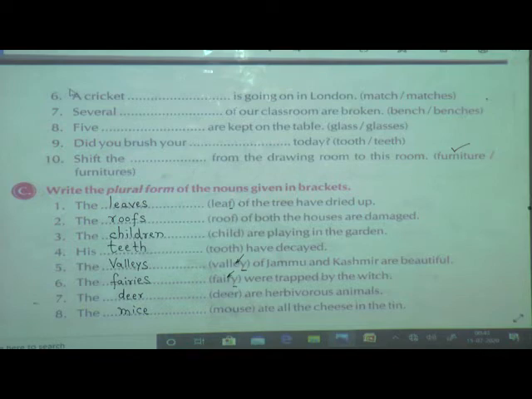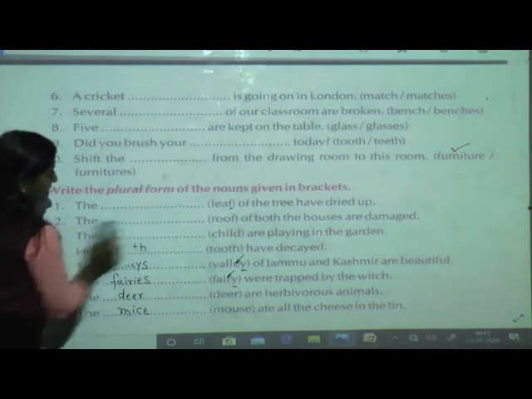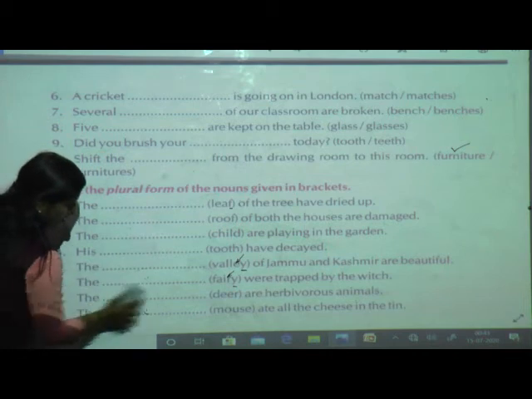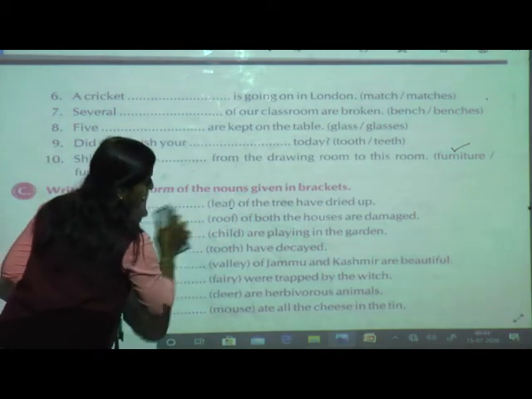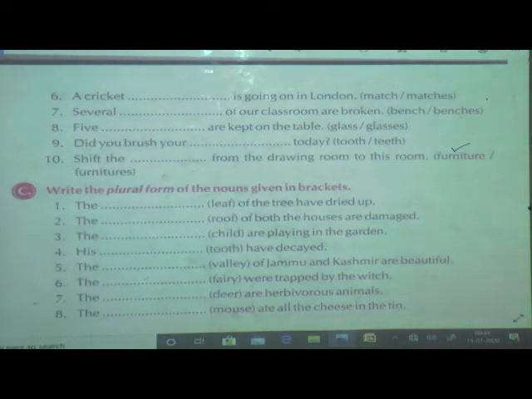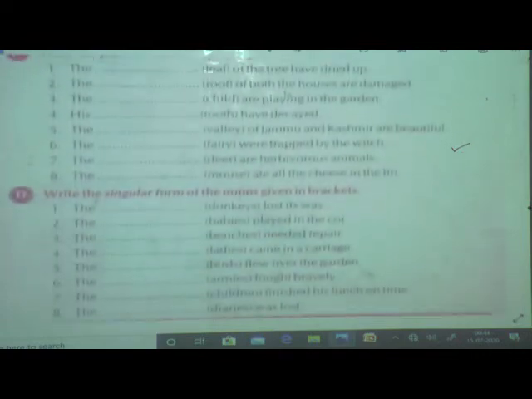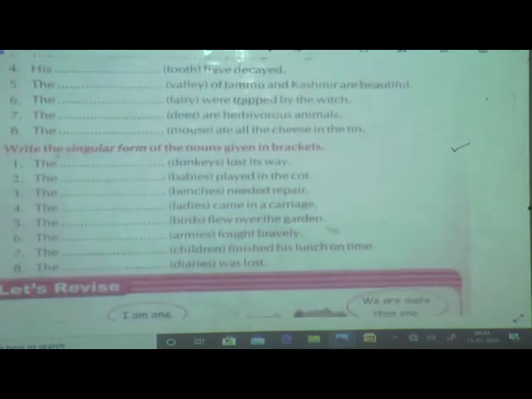Now last, that is D. Okay, are you ready students for solving D? Okay, it is opposite which we have done in this exercise. Here in this we have done write the plural form. Now what we are going to do over here?